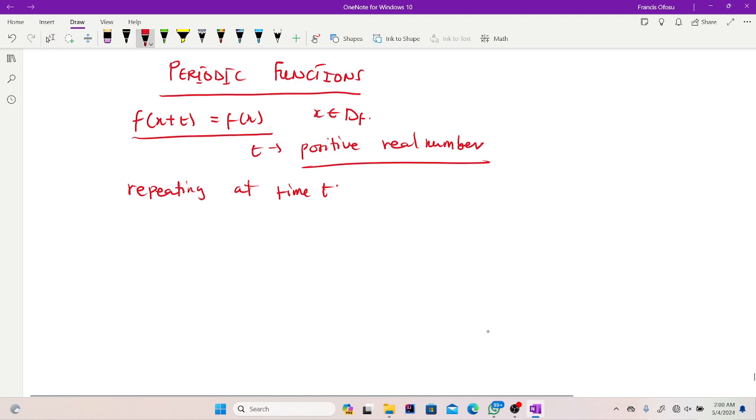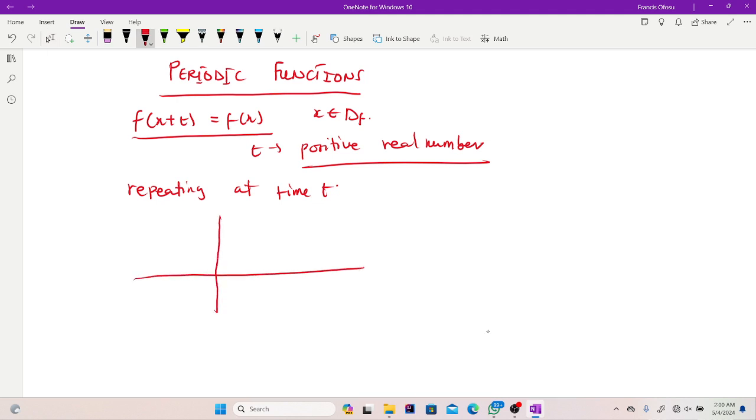So a typical example is the sine function. The sine function starts from here, moves, and comes this way like that. All sinusoidal functions will have a period. After some time it returns back to as it started. You can see it started from here, 0. It moved and it's starting again from this side.